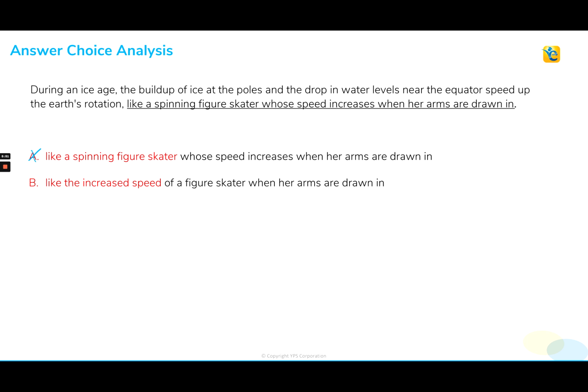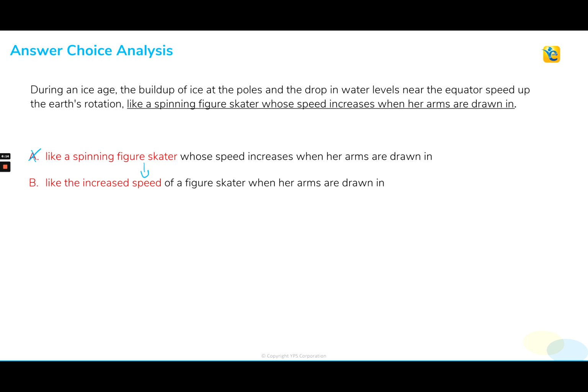Now, choice B, like the increased speed of a figure skater when her arms are drawn in. Now, this is repeating the error of option A. The noun spinning figure skater has been replaced with increased speed. We see speed here, but that's still a noun entity. So does that fix the communicated comparison? Nope, it does not.